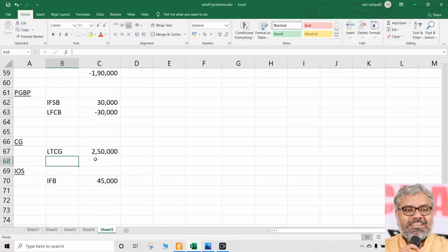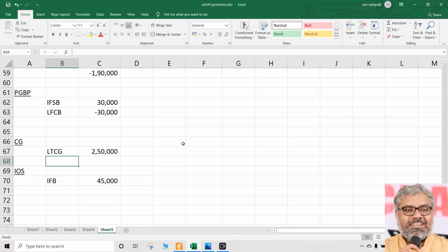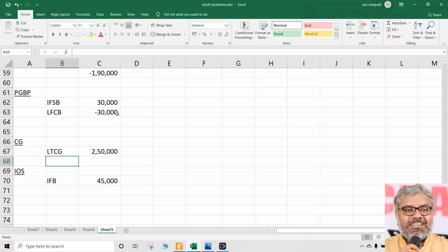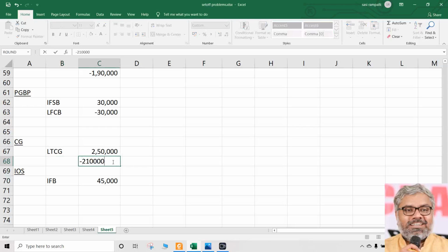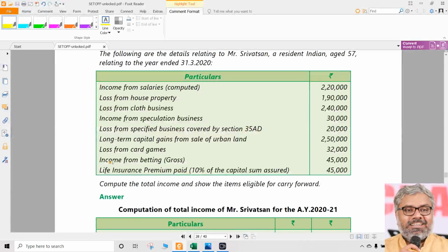Now can the same be set off against long-term capital gains? Yes, of course, it can be set off against long-term capital gains also. How much can be set off there? Loss from cloth business 2,40,000, with 30,000 already done, means 2,10,000 can be set off. This is an important point to note.